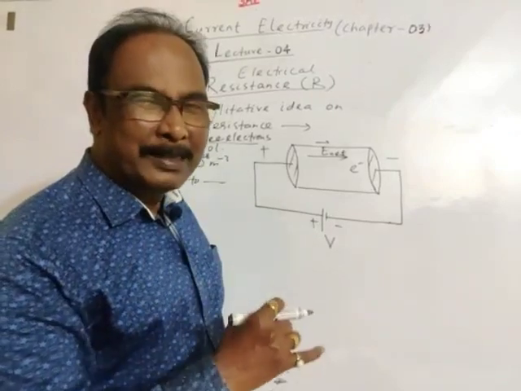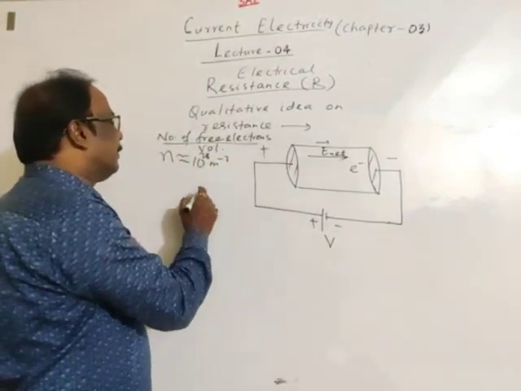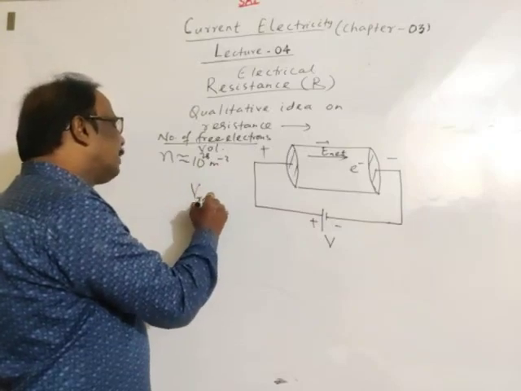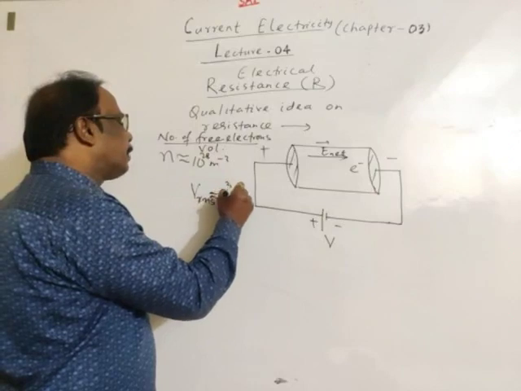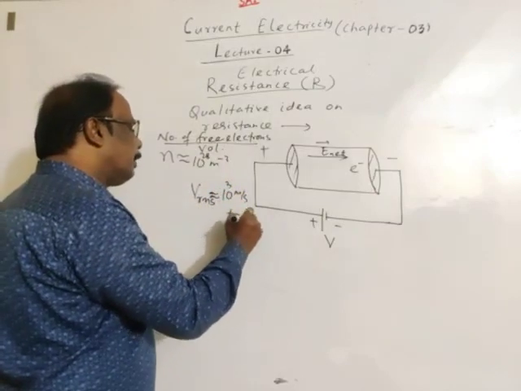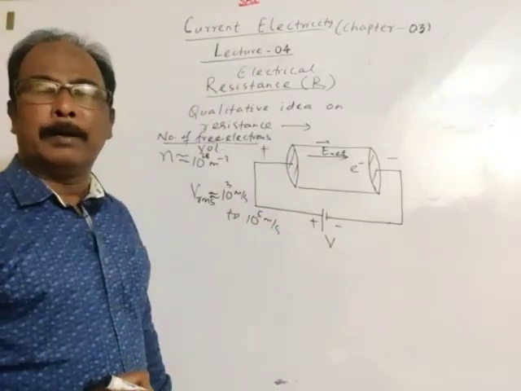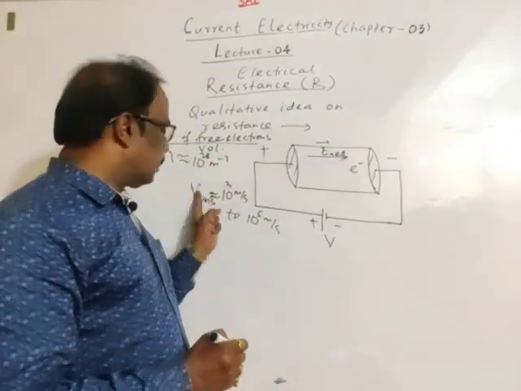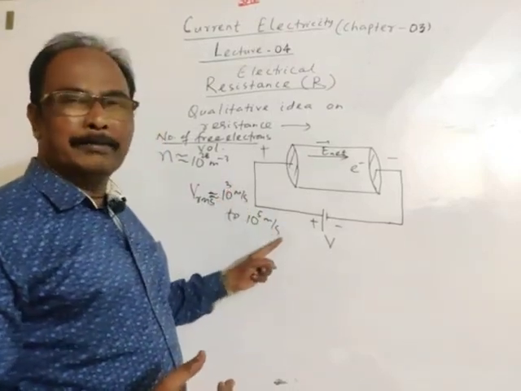We have discussed that before the conductor is connected between terminals of a cell, the thermal velocity of the electrons is about 10 to the power 3 meter per second to 10 to the power 5 meter per second. So the thermal velocity of free electrons is tremendously high.